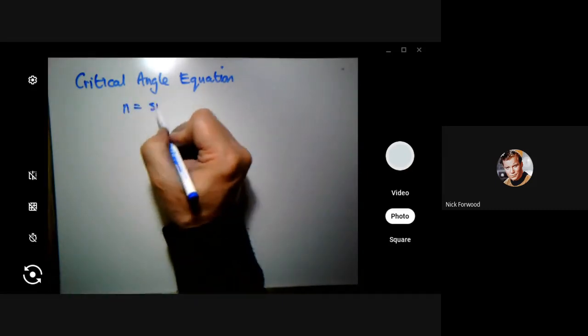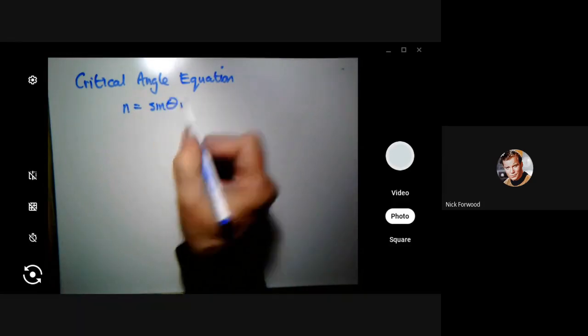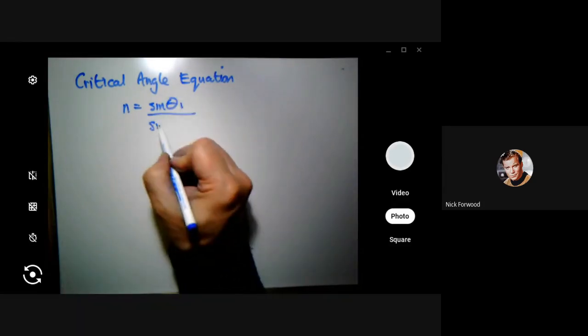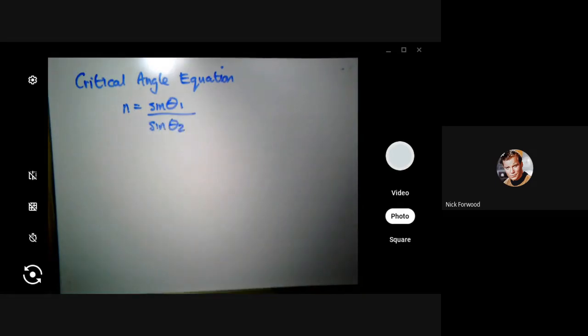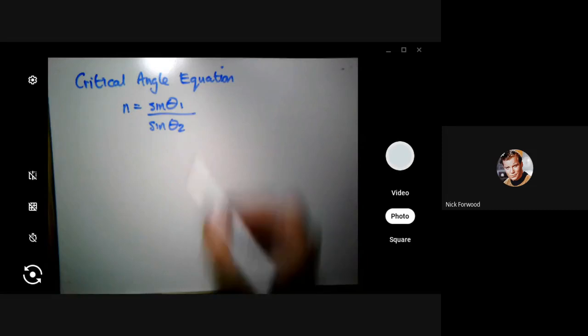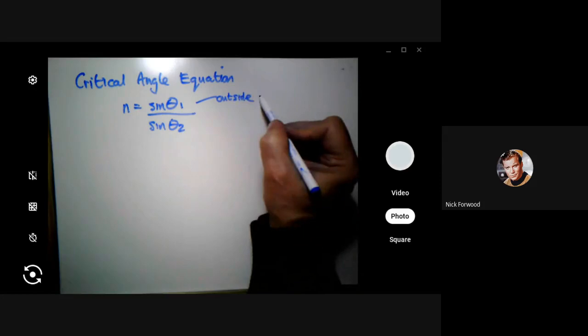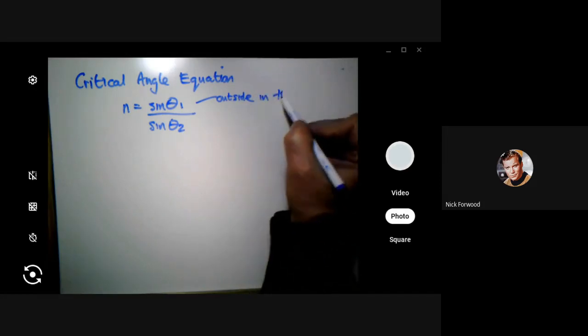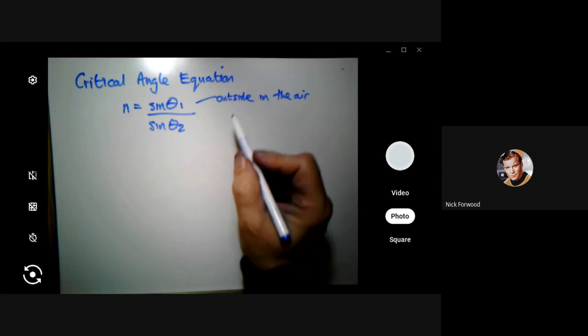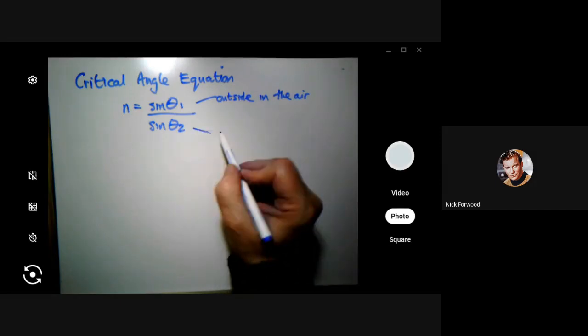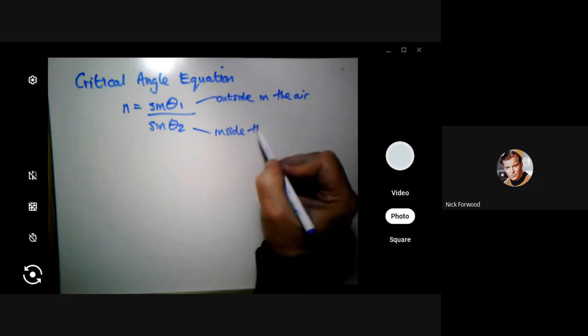Okay, now we already know from Snell's law, video 2, n equals sine theta 1 divided by sine theta 2. Okay, so which one is which? Theta 1 is always the angle outside in the air, and theta 2 is inside the medium.